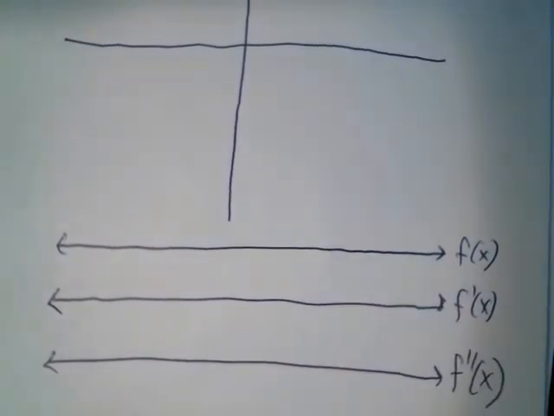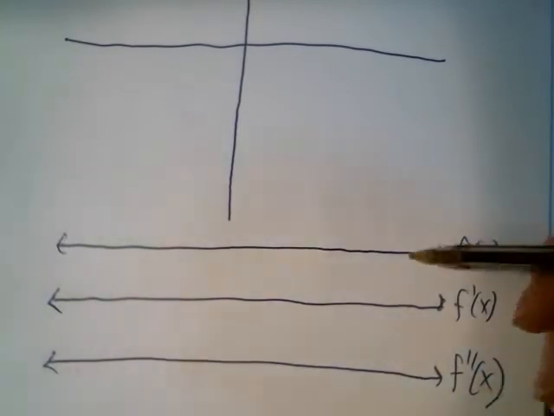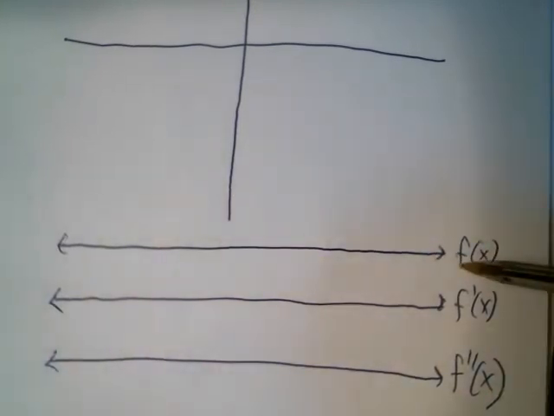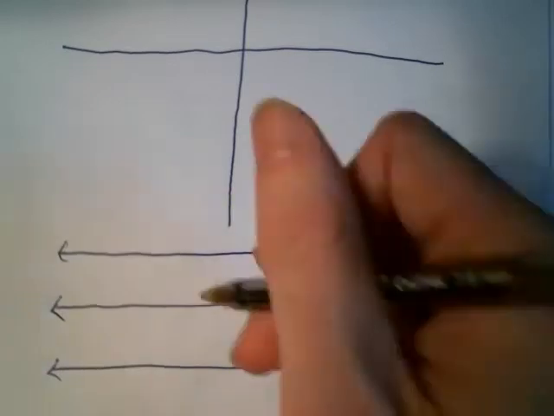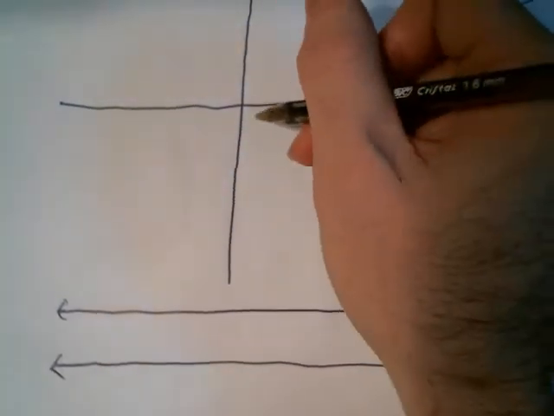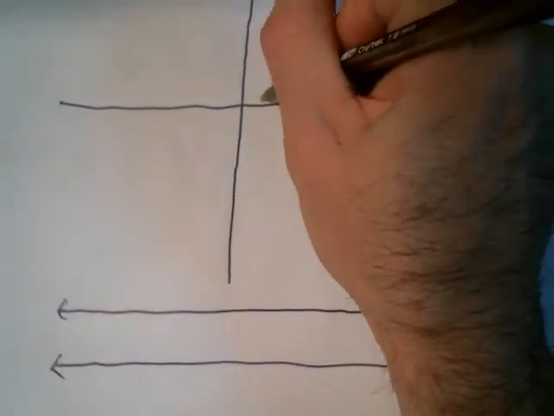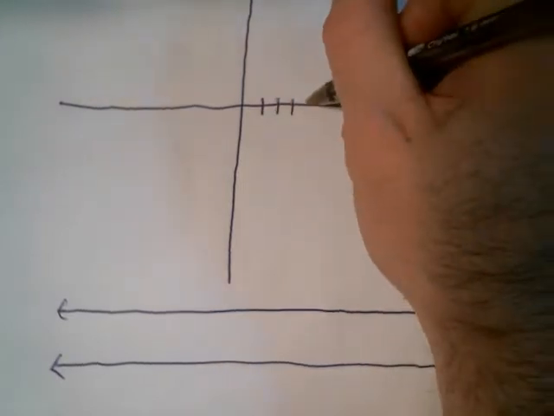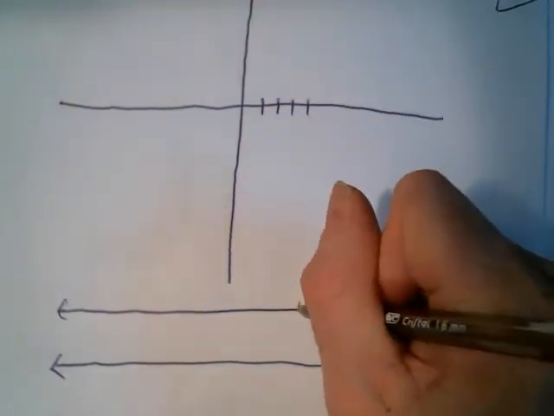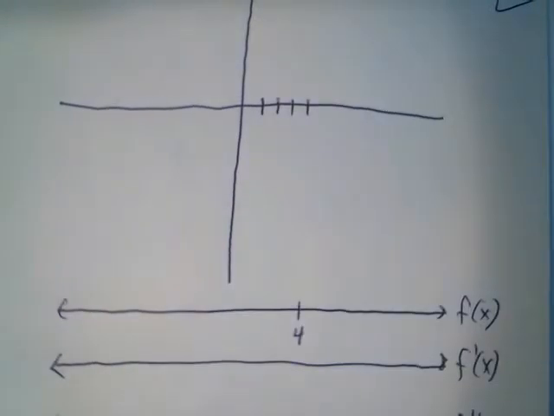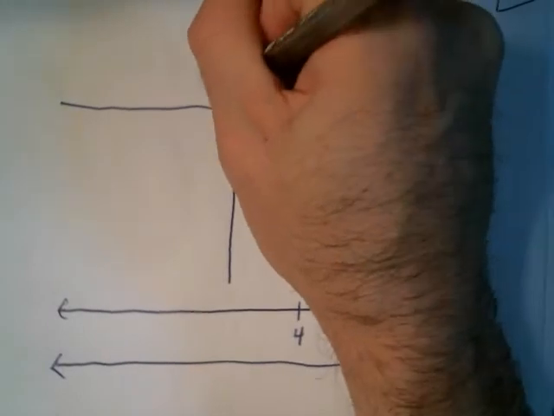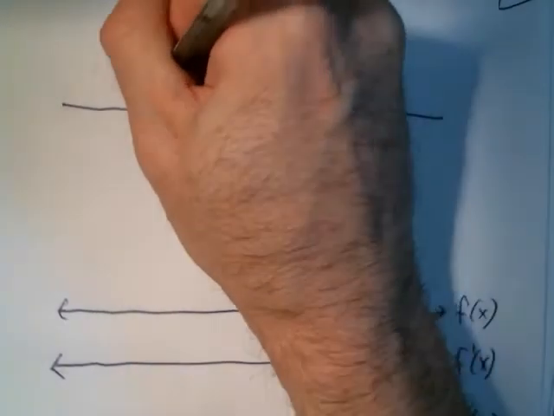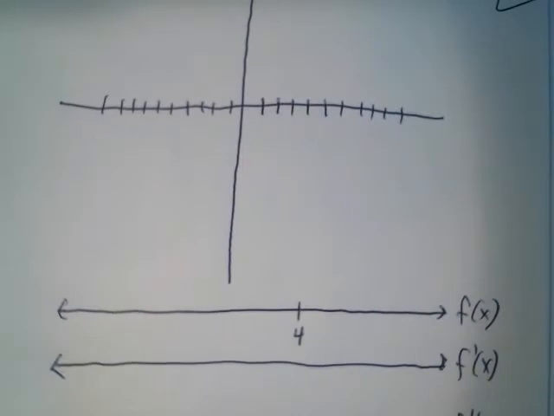Okay, I'm going to go to my original function graph, label any x-intercepts or asymptotes. So we don't have any x-intercepts, but we do have an asymptote at 4. Okay. So let's go 1, 2, 3, 4. Label that on our number line.